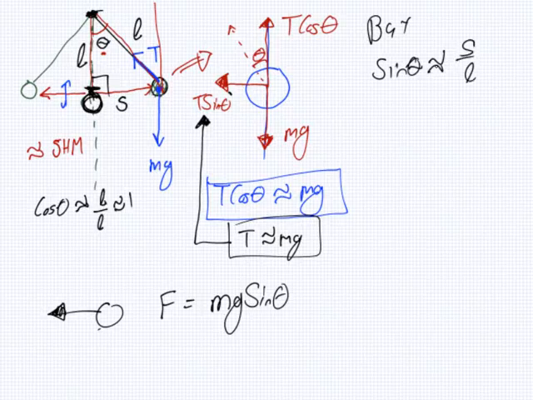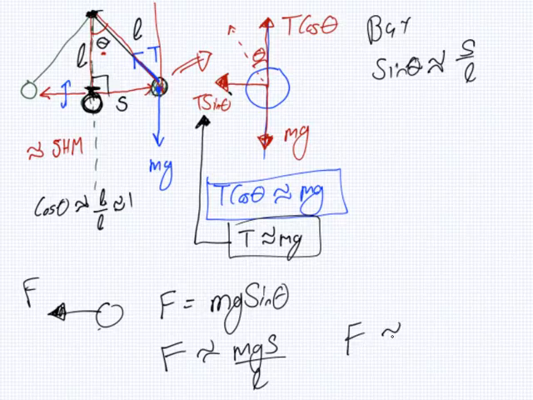So I can use that result here and I get F is roughly mgS over L. And I suppose because it's going to the left, I should put in here minus.